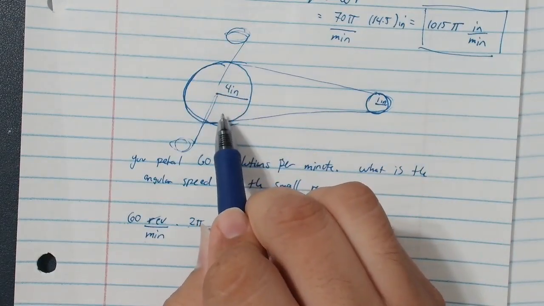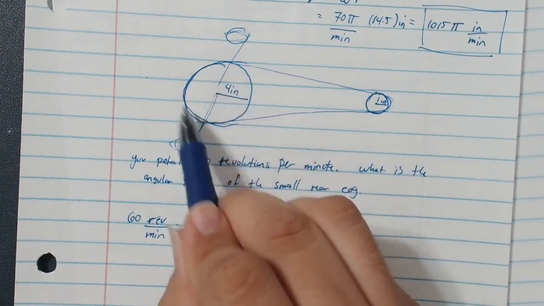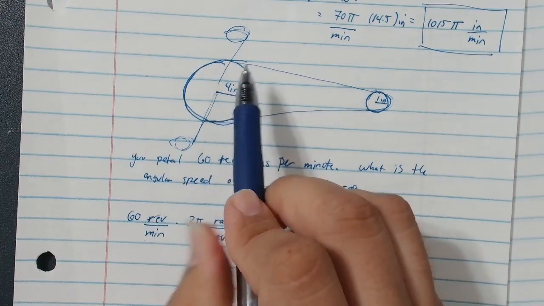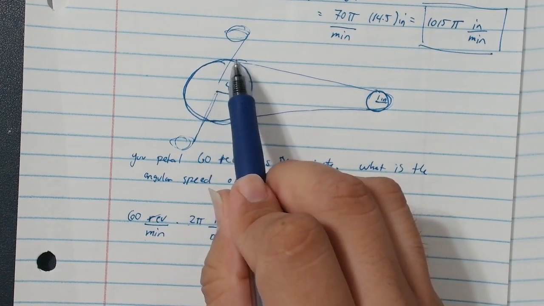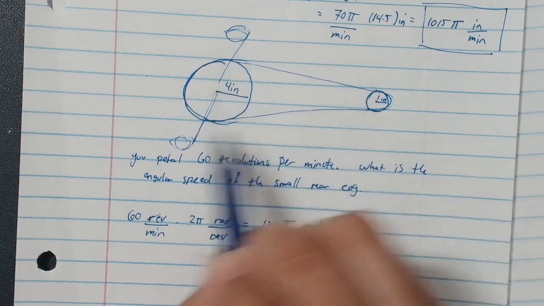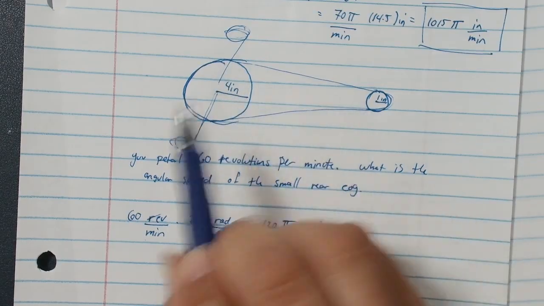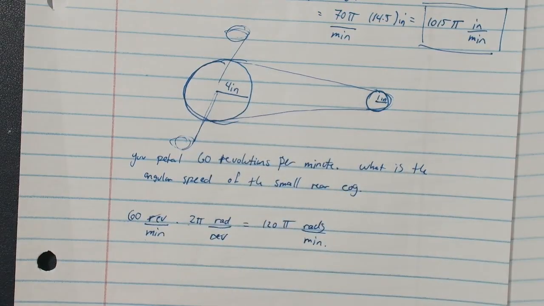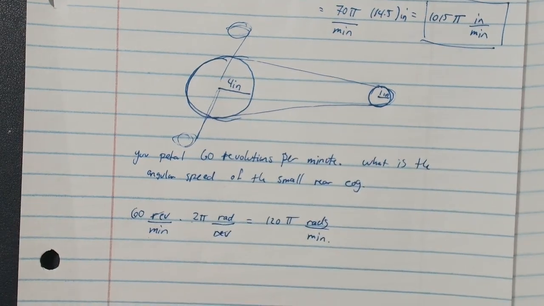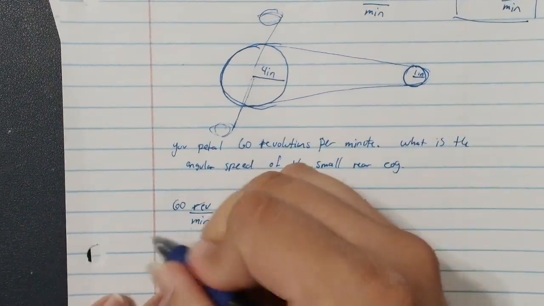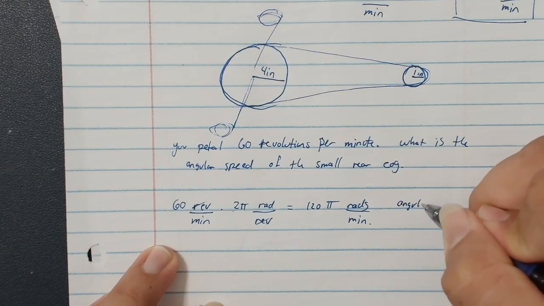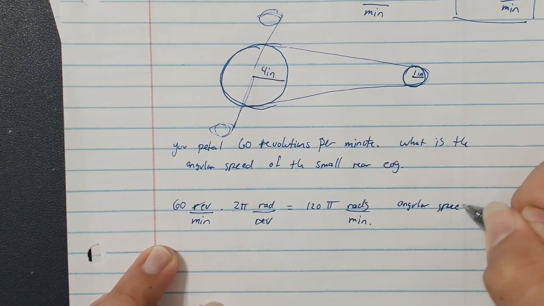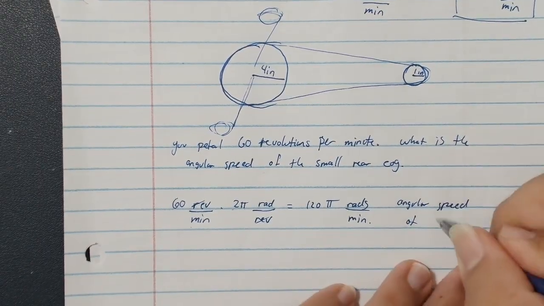Oh, but then that spinning is making this chain move. But this chain isn't moving with an angular speed, it's moving with a linear speed. We can measure how much chain is going through. It's 2 inches every minute, it's 10 inches every minute, it's 50 inches every minute. That's a linear speed. So now looking at our chain, this is our angular speed of the large front cog.